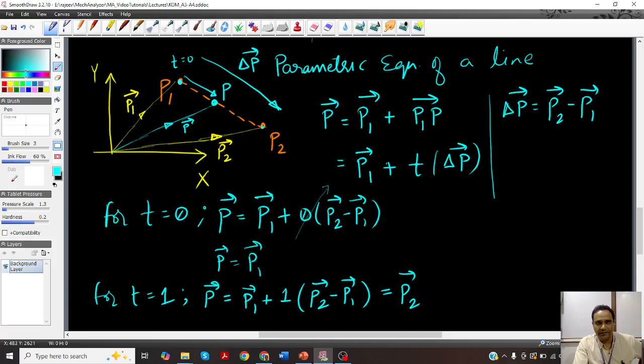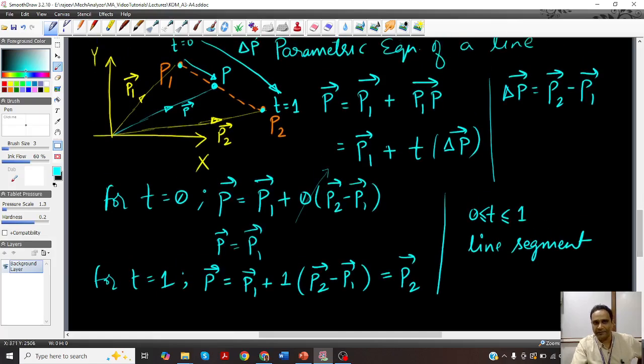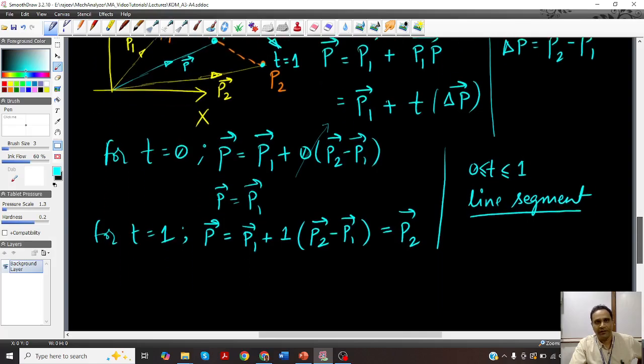That means when we come till here, t is equal to 1. So when we range t between 0 and 1, we get the line segment. Typically in GeoGebra, it is very easy to create a line segment. But if you are using some other form of programming, then this representation is very useful to draw a line between two points.